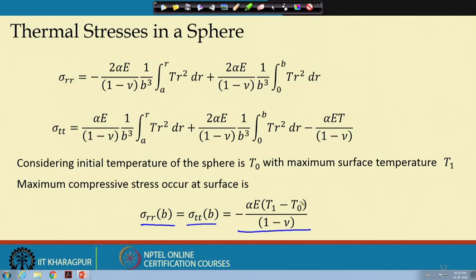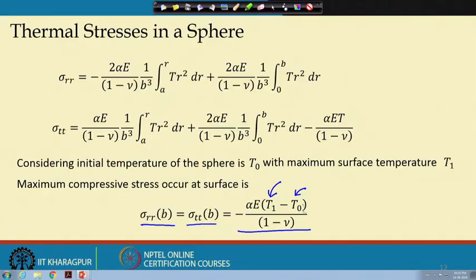T0 is my initial cold temperature, and T1 is the higher temperature. So, in this way we can solve some simple problems of thermoelasticity analytically.